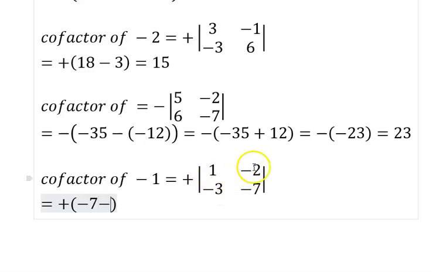Minus 3 times minus 2 will give us 6, because minus times minus will give us plus. Beautiful. So, because it's plus that is here, we just say minus 6 minus 7 will give us what? Minus 13. Beautiful. So we'll move to the next one.